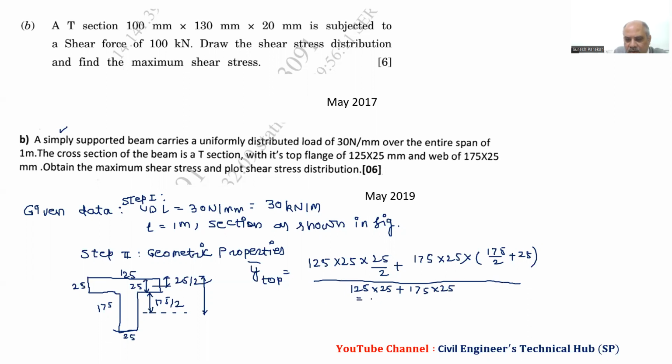This 125 into 25 value is 3125 and this value is 4375. We get the total value equal to 7500. That gives us the Y bar from top, and that value is 70.83 millimeters.